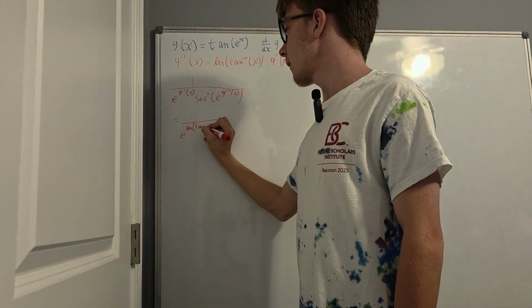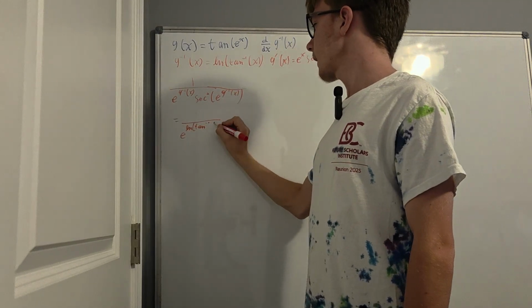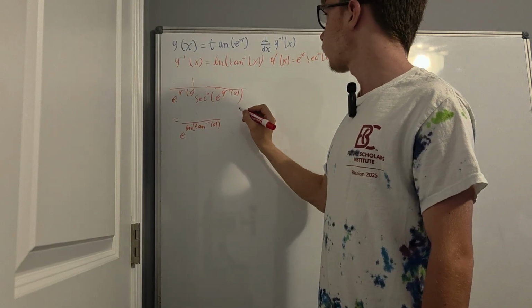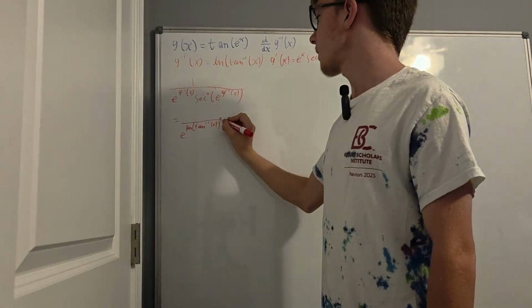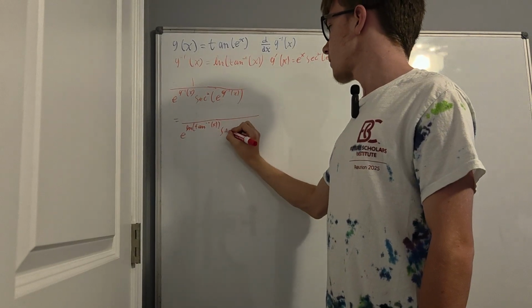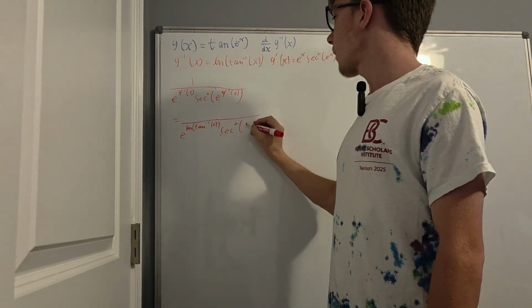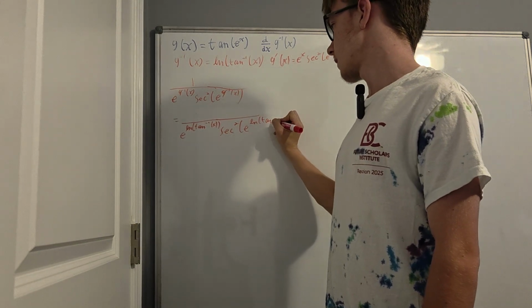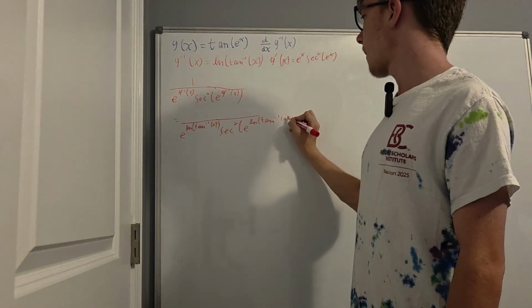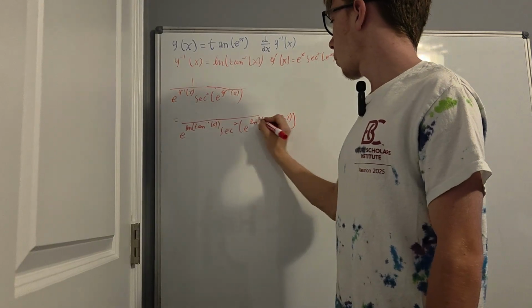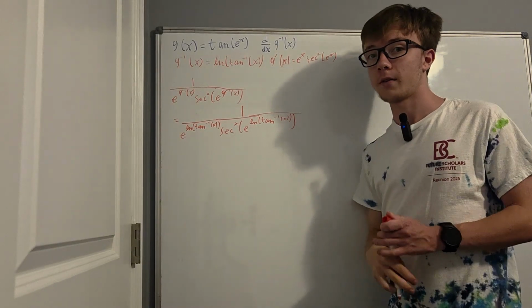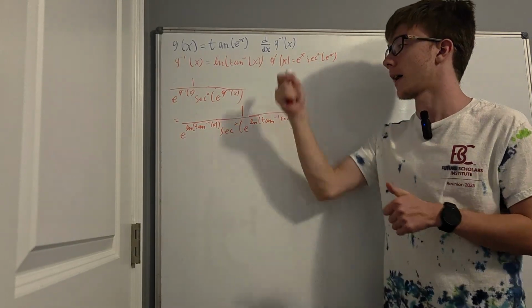Ln of tan inverse of x. Yep, I'm doing this right. I had to pause for a second because there's so much going on. Secant squared of, again, e to the natural log tangent inverse of x. Whew. This is why I waited for the 1. So this is now our derivative of the inverse of that.